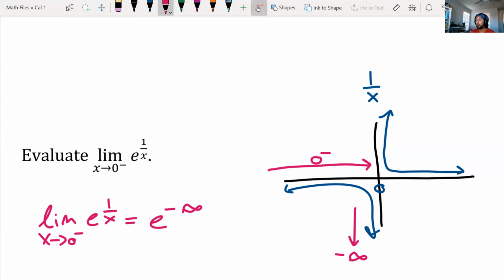Another way to rewrite any type of negative exponent is to put this as 1 over e to the infinite power. And just like the example above, if your numerator stays a constant number, but your denominator gets increasingly large, where is this limit headed? 0. That's it. There's our limit.